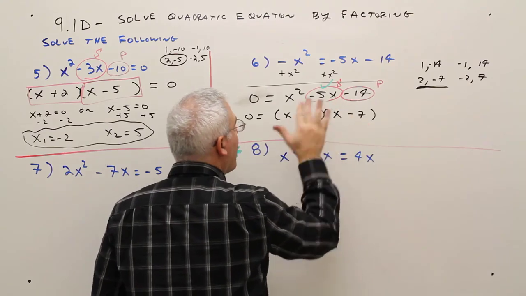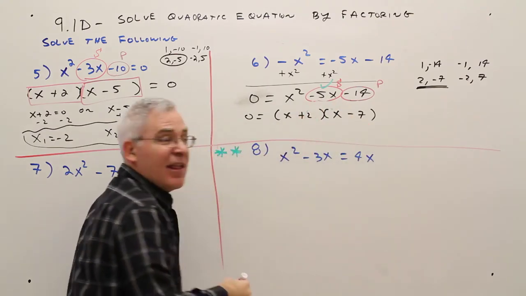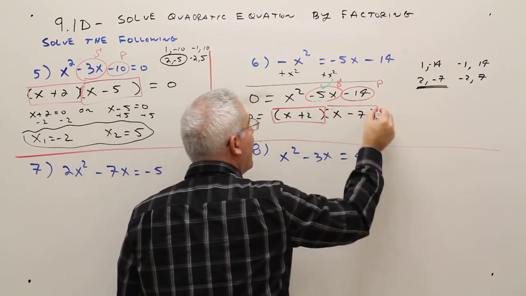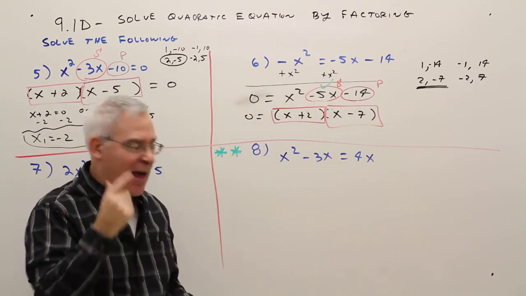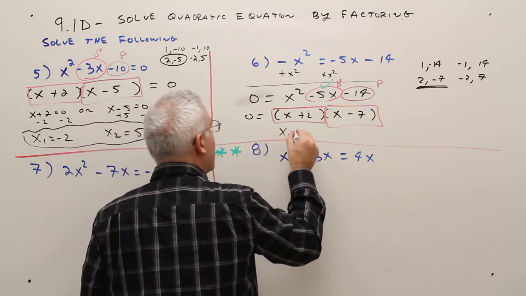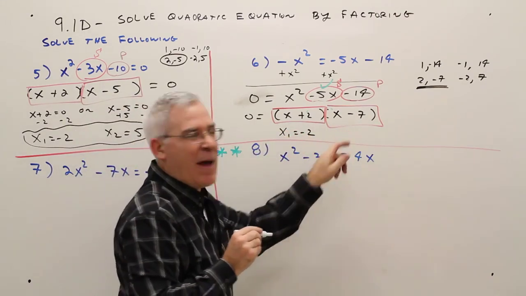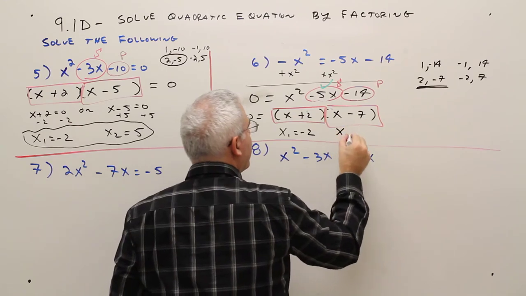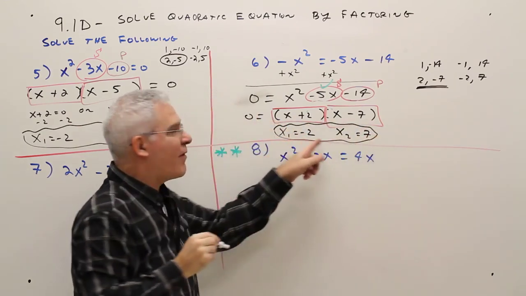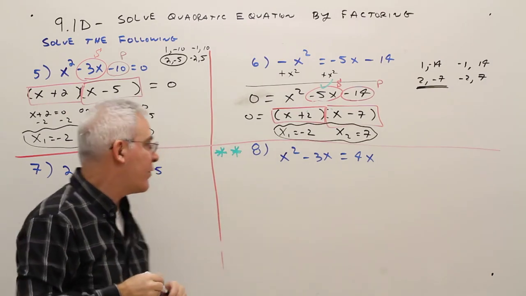Okay, so once again, I will set each factoring chunk equal to 0. And if I could do it in my head, I will. Obviously, that one's going to be negative 2, and that one's going to be positive 7. And once again, it doesn't matter what order you report your answers in.